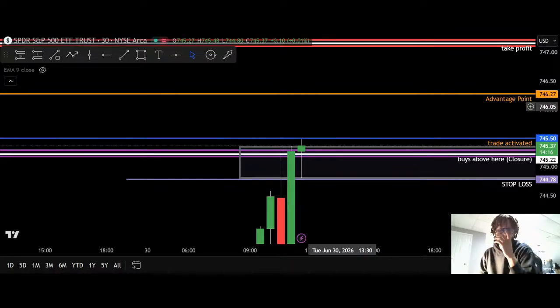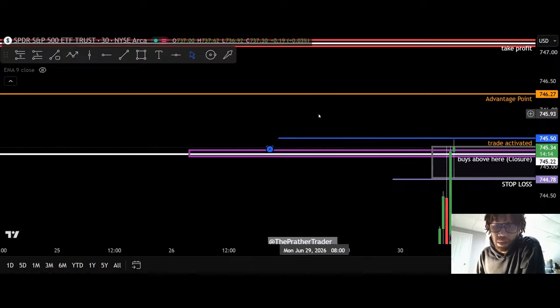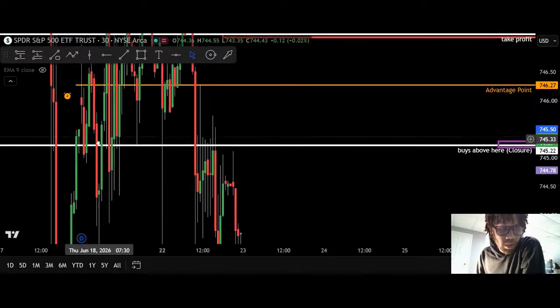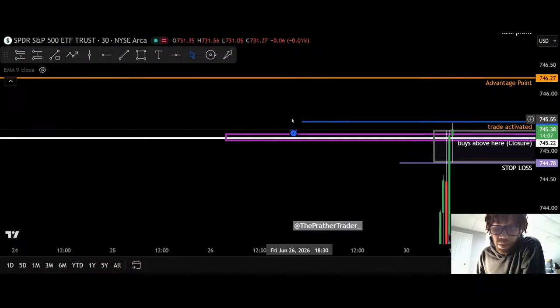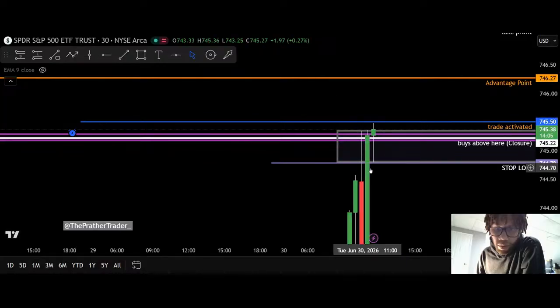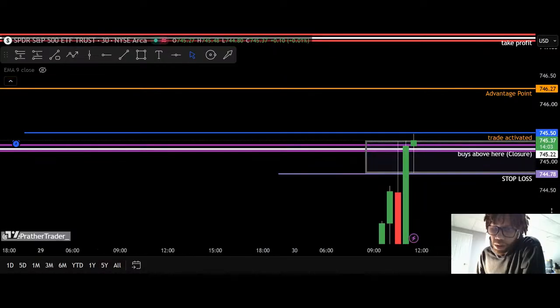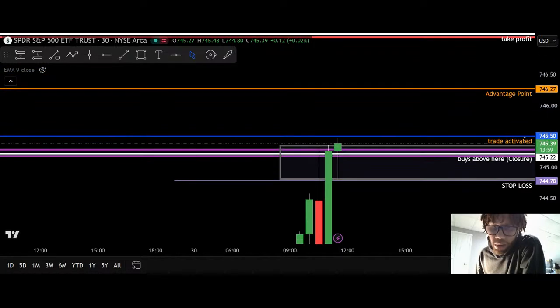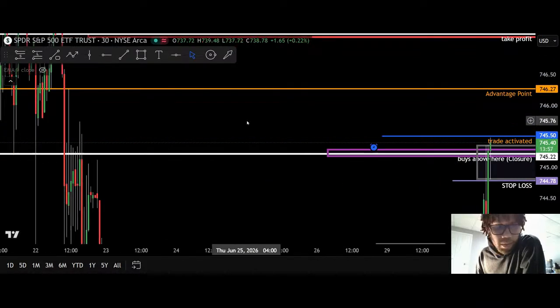Remember, trading is just about probabilities. All right, we get a close above here, we push up. We got a close above, a nice bottom wick. So if we break these current candle highs, I do want to see the price keep moving up here.